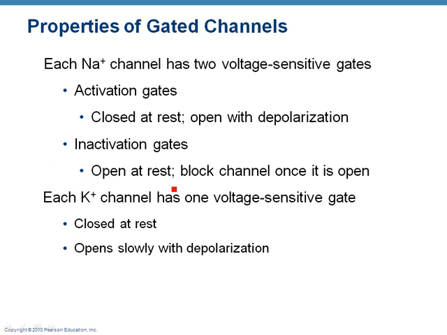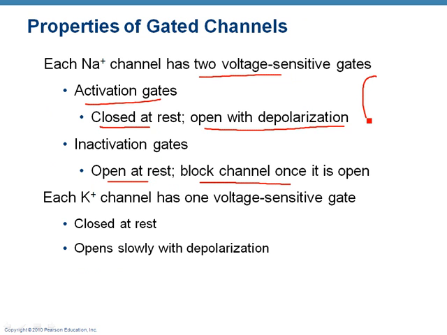Once you start an action potential, your voltage-gated sodium channels have two gates. There are activation gates, closed at rest, that open with depolarization, and then inactivation gates, which are open at rest and block the channel. So on your protein, you basically have two gates. Basically just think of it as opening and closing, allowing sodium to move.